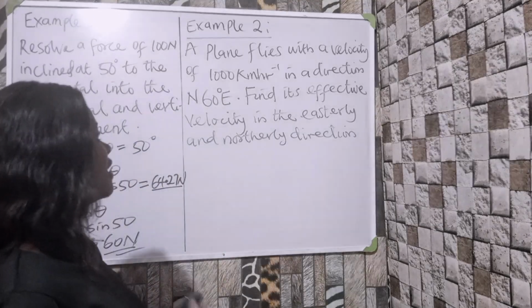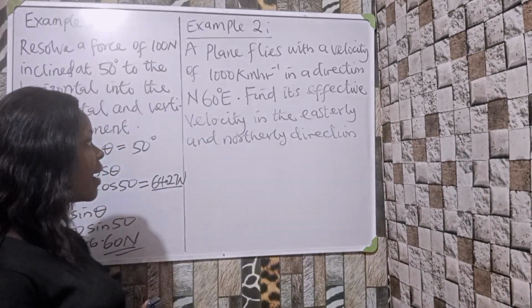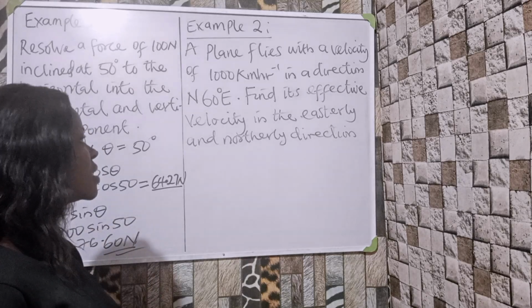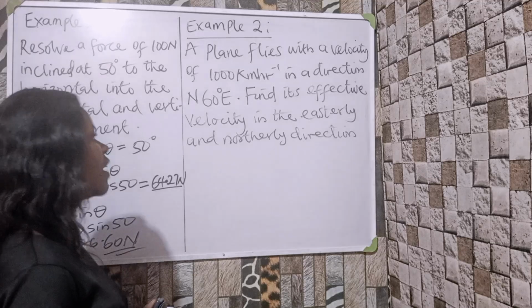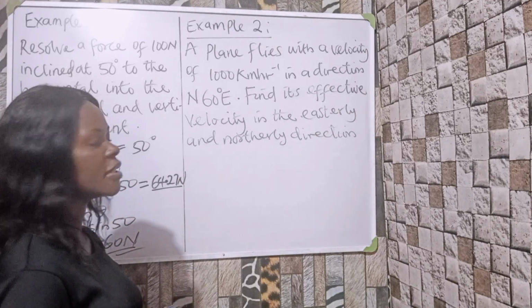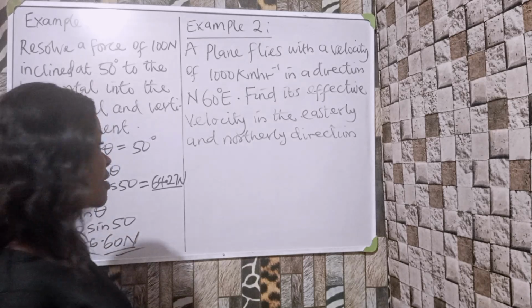Okay, a plane flies with a velocity of 1000 km per hour in a direction north 60 degrees east. Find its effective velocity in the easterly and northerly directions. Before I solve this, I have to use a sketch so that you can understand.